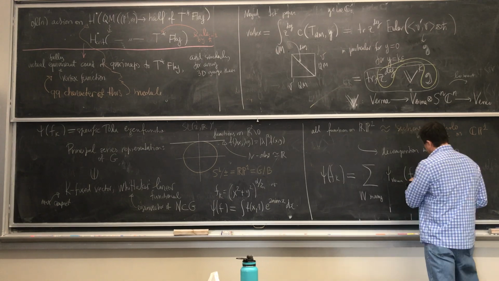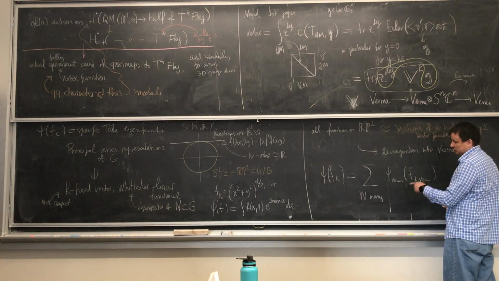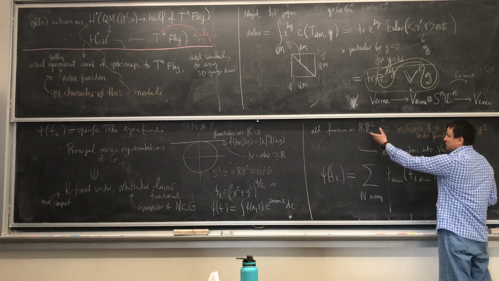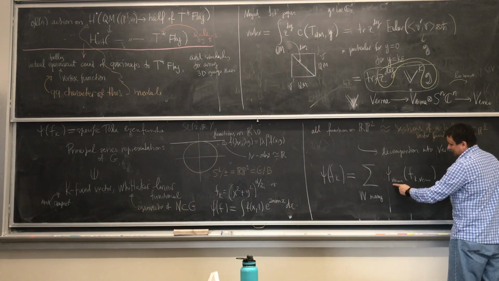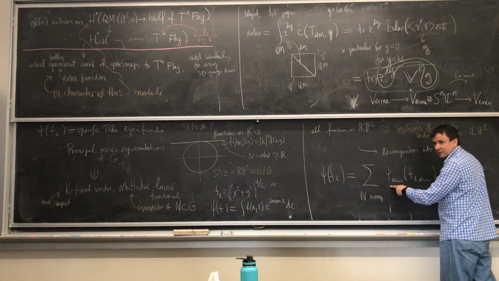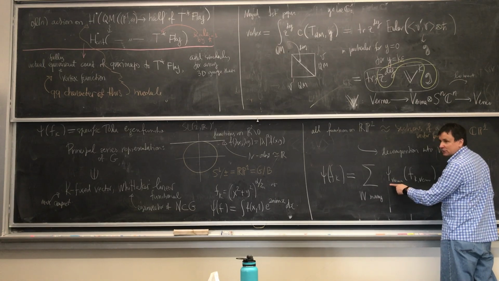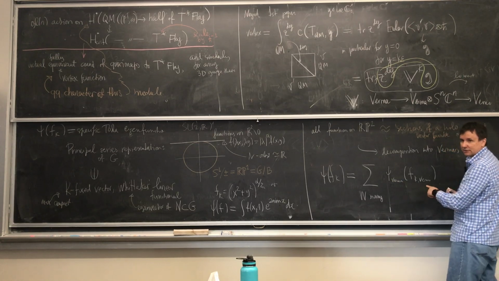In other words, there will be W many charts and W many terms, and in each Verma there will be its own Whittaker functional and K-fixed vector.